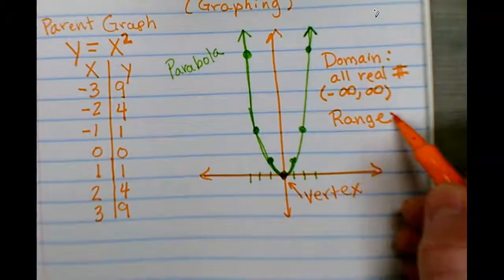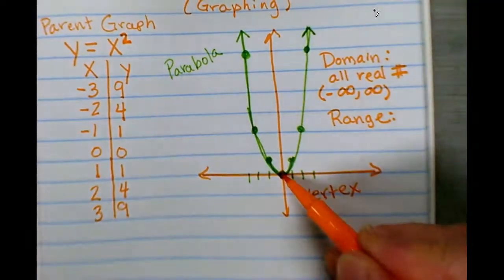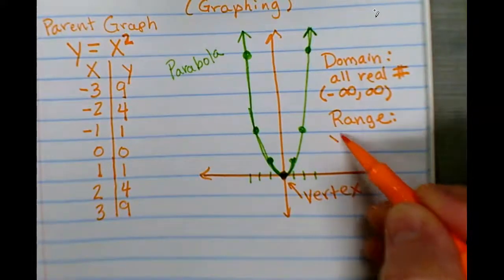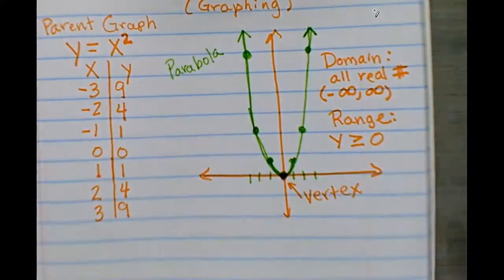What about the range? The range is the Y value. The arrows on the top tell me it's going up and up and up, but does it go down and down? Does it have a bottom point? Where is the bottom point? The Y value of this point is 0, and so Y is greater than or equal to 0.